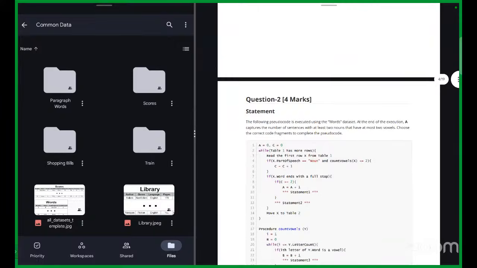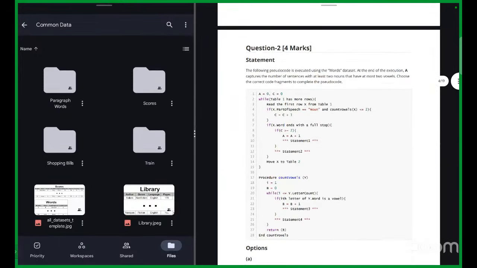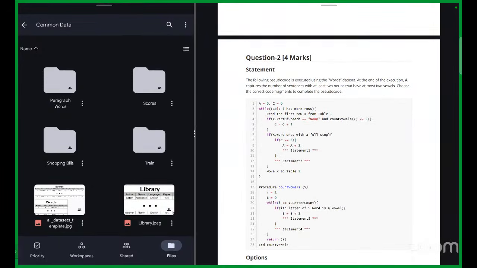Okay. Now we have the second question, and we are provided a pseudocode. A captures the number of sentences with at least two nouns that have at most two vowels. Choose the correct code fragments to complete the pseudocode.